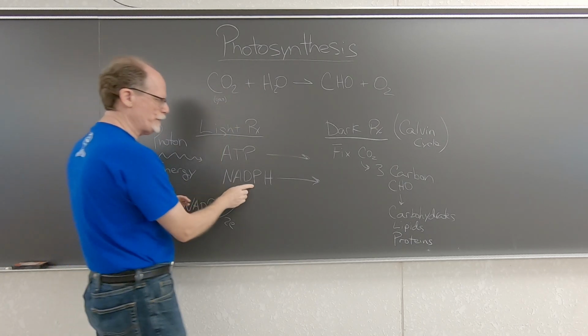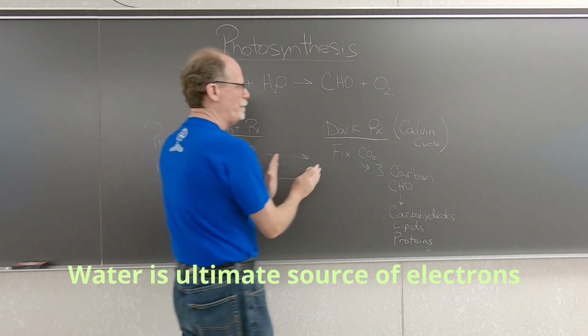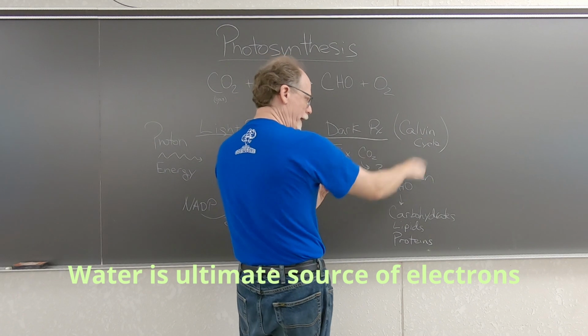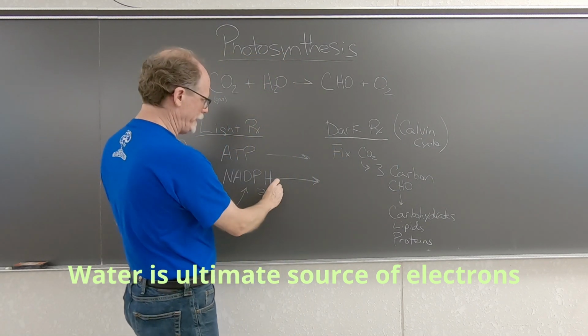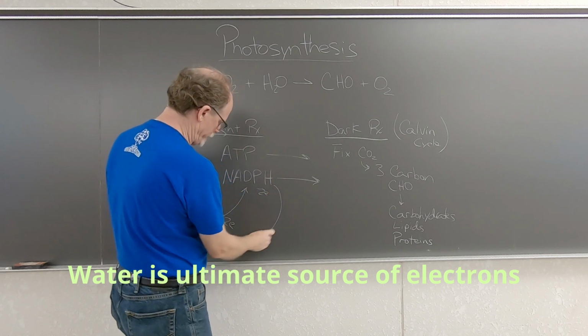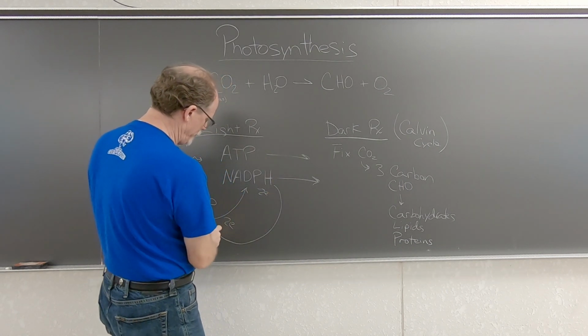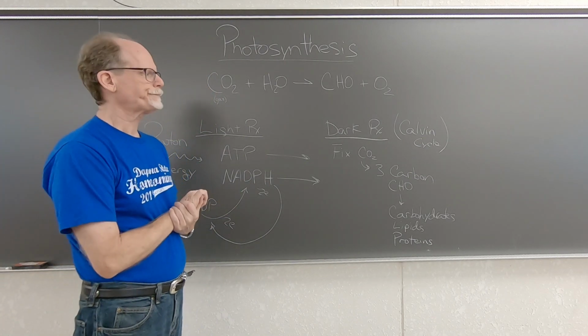Then these 2 electrons are given during the Calvin cycle, right? They're donated. Then NADPH, when it dumps the electrons off at the Calvin cycle, is going to go back to being NADP. The H indicates it has the electrons.